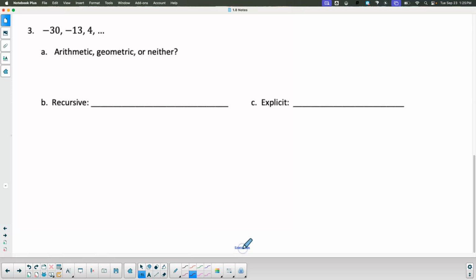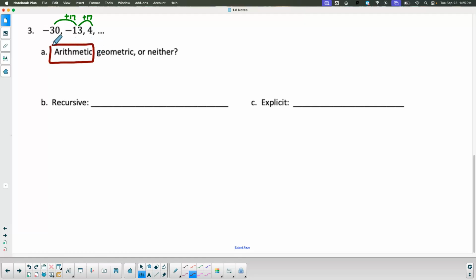And lastly, to me this looks like plus 17. So therefore that would be arithmetic.